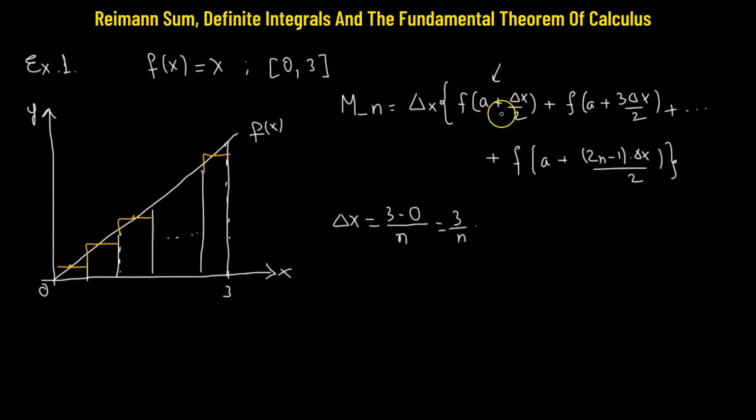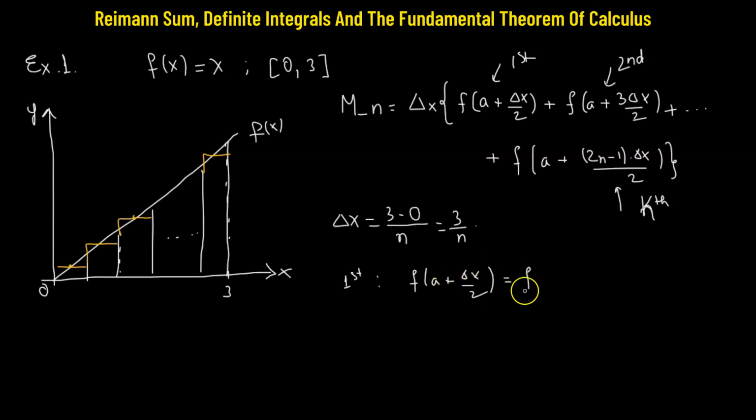This is going to be the height of our first rectangle. This is the height of our second rectangle. And this is going to be the height of our nth rectangle. We'll consider this as the kth rectangle. Fine. So let's consider the first rectangle. For the first rectangle, the height will be f of a plus delta x over 2.